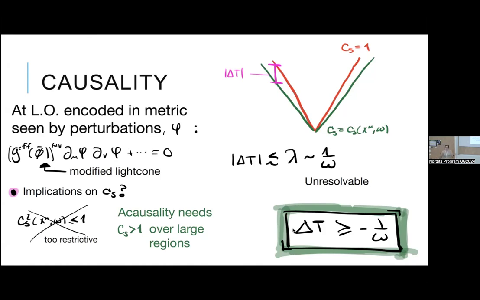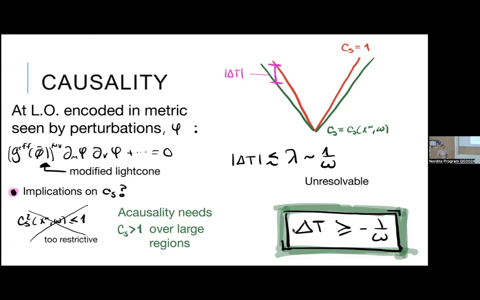In principle, the first thing that you will think is that if I have this modified light cone and I look at the speed of sound, and this light cone is larger than the light cone that we see for a photon, then we immediately have acausality. So what I'm going to tell you is that that's not the case. Requiring always that you have no superluminal speed of sound is too restrictive, because we don't need this restriction at every point in spacetime, but it's an integrated effect.